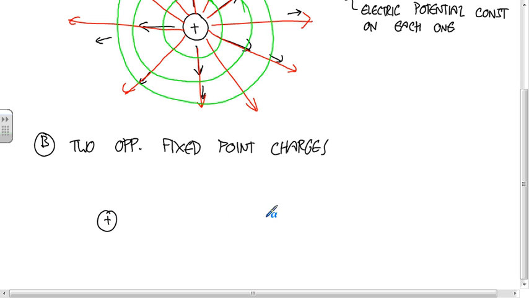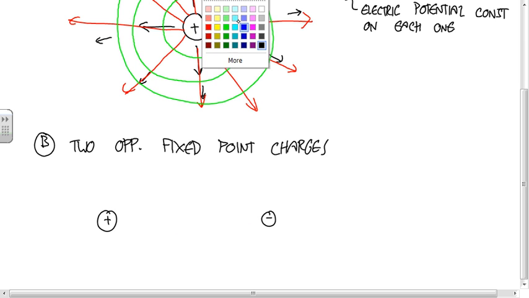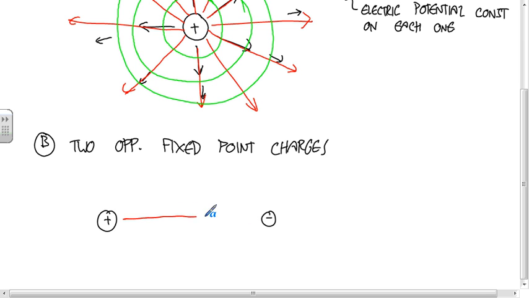So here's the positive one, here's the negative one. What direction do those electric field vectors go? They go from the positive to the negative. Actually, I'm going to skip the vectors and just go straight to the field lines because this one gets really messy.